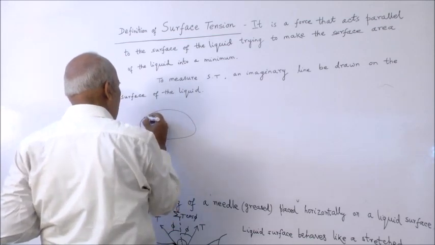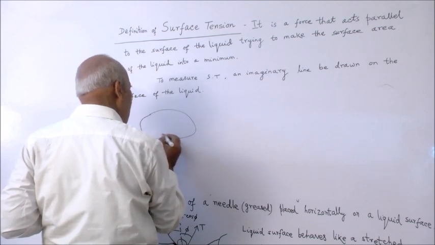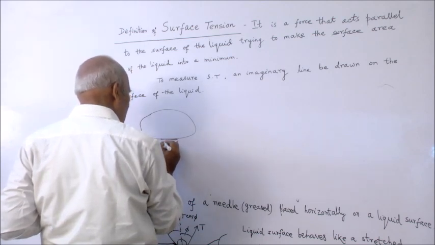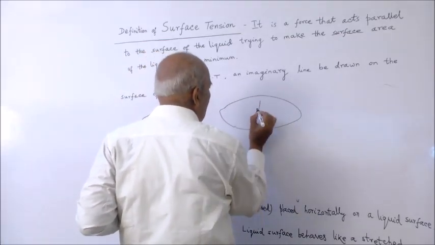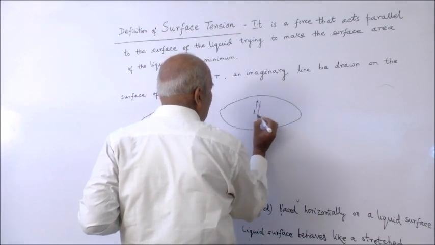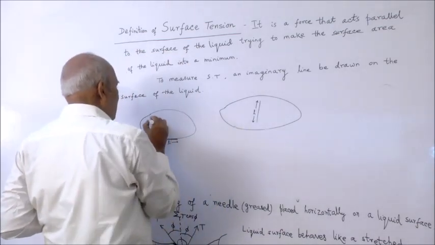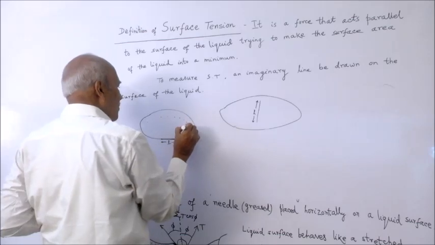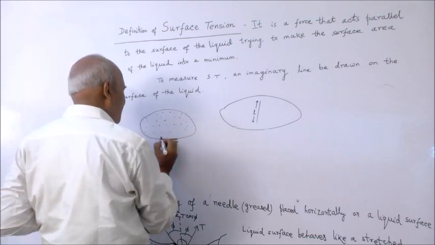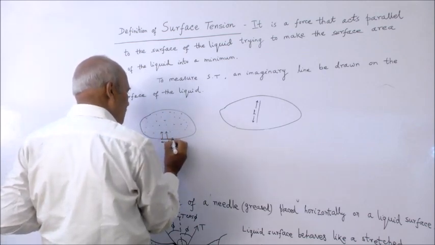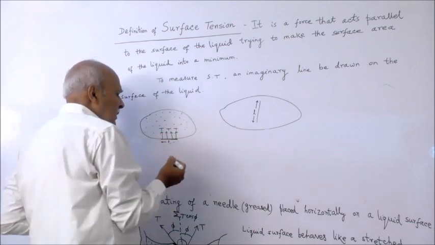Say this is the liquid surface, you can draw a line at the edge also, and this is another surface, say the line is drawn at the middle position. So, what will happen? You see, the surface tension force is parallel to the surface of the liquid and perpendicular to the length. We are showing some, but there are many others.